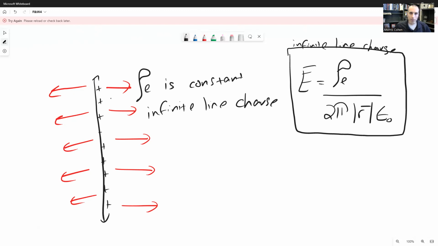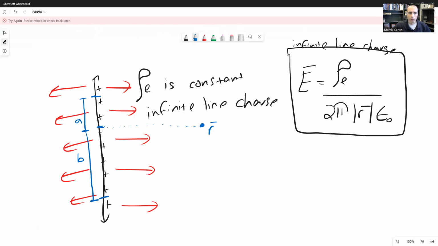Let me also contrast this to the finite line charge. In the finite line charge, the line ends right here, and you've got this length right here. Let's say you've got this line segment A, and you've got this line segment B. We're talking about the electric field at this point.